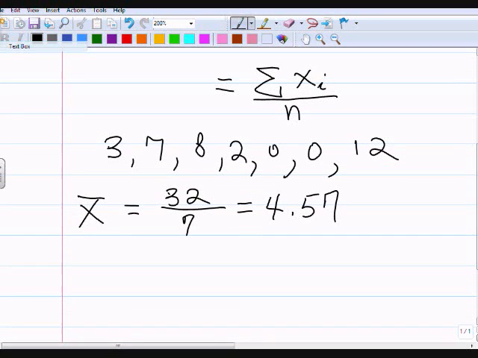Let's add one more number to this set. We're going to add 457.